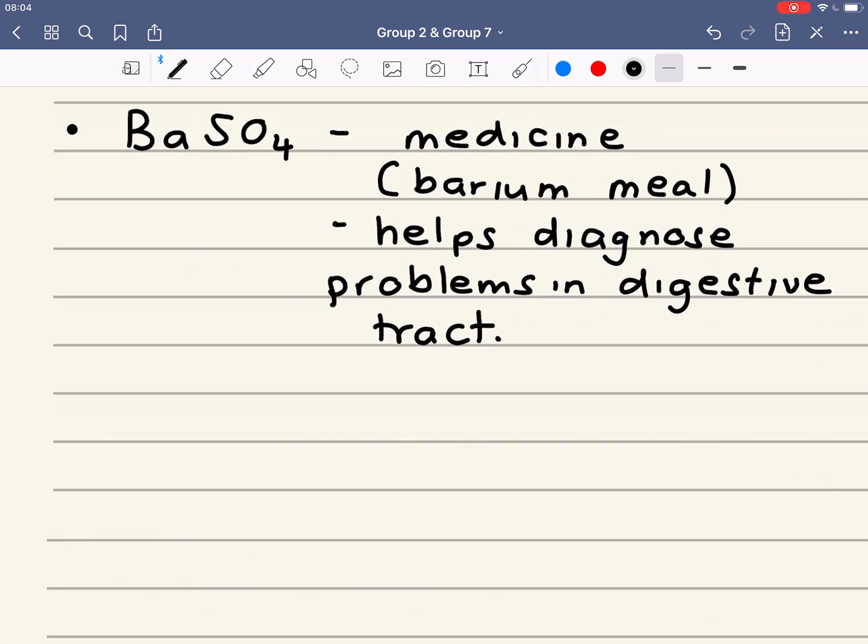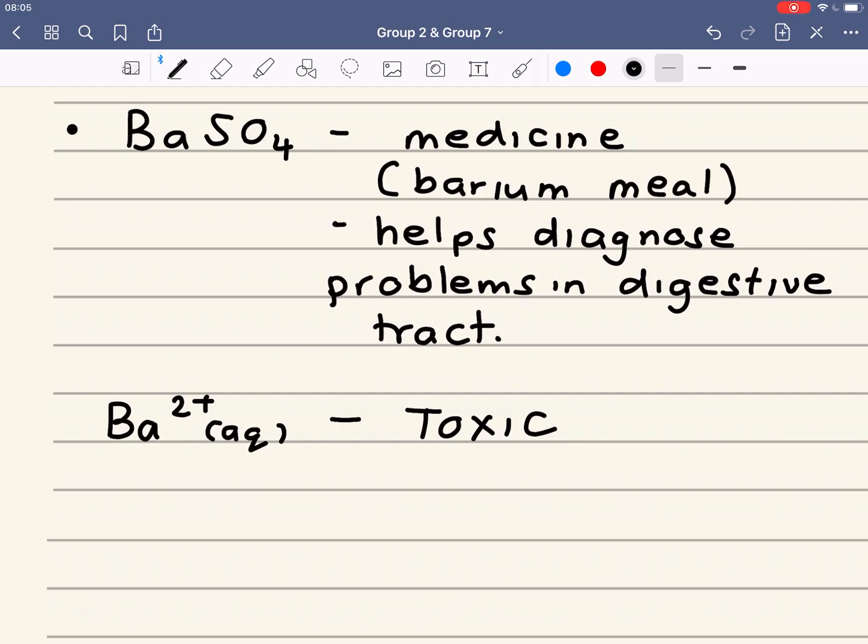Now, it may ask you in a question, a very popular question is that soluble barium compounds are actually toxic. So why is it that we can use this barium sulfate in medicine to actually have this inside our bodies?